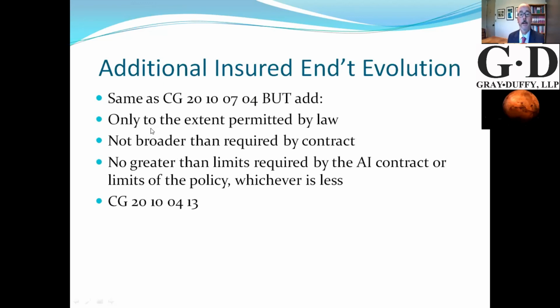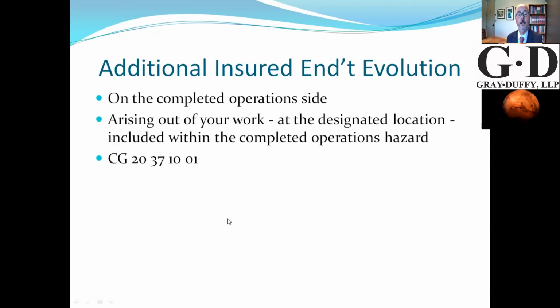And then in 2004, they add this language we've been talking about, but only to the extent permitted by law, not for broader coverage than is required by the contract between the named insured and the additional insured, and not for greater limits than is required by the additional insured contract, or the limits of the policy, whichever is less. We see that in the 2013 forms.